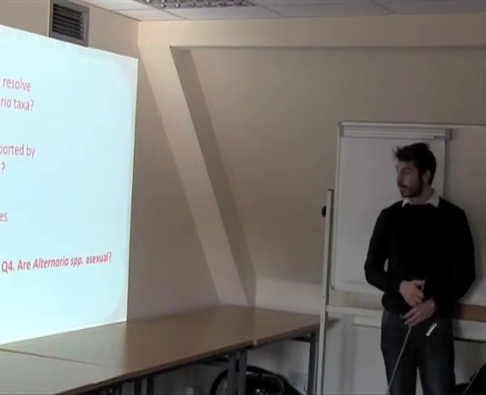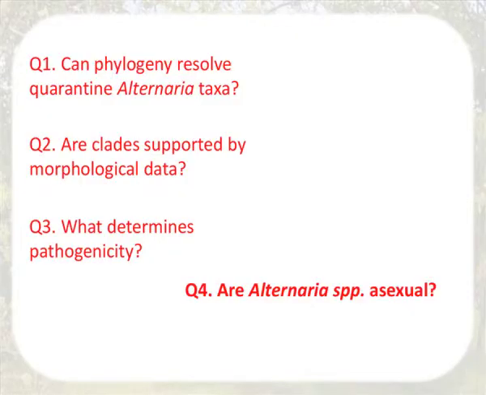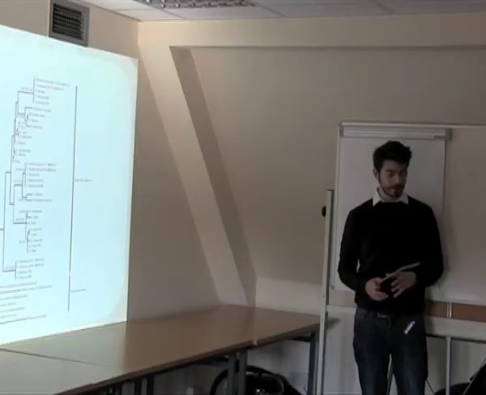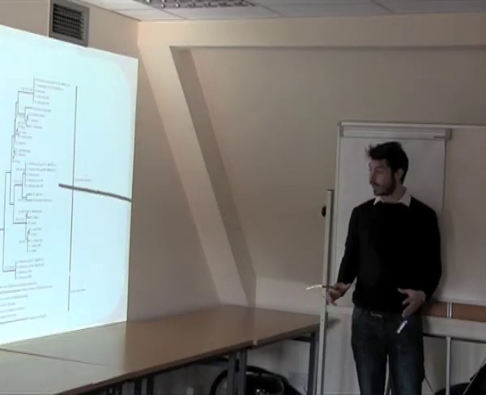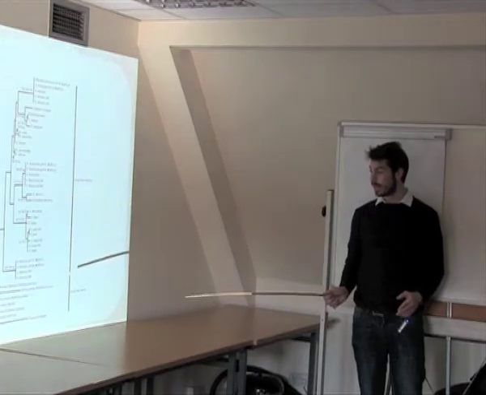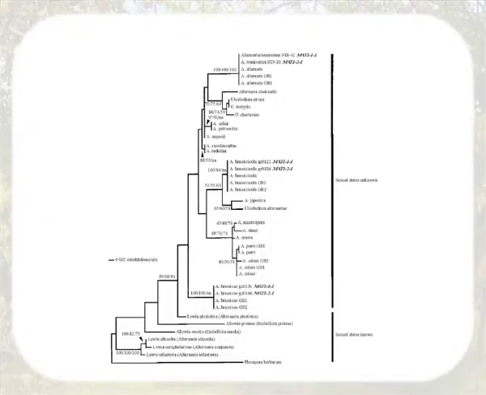Okay, so finally, we looked at the possible sexuality within the Alternaria alternata species group. Now, Alternaria in general, as a genus, has previously been characterized as an asexual genus. It does have some relatives which are sexual.